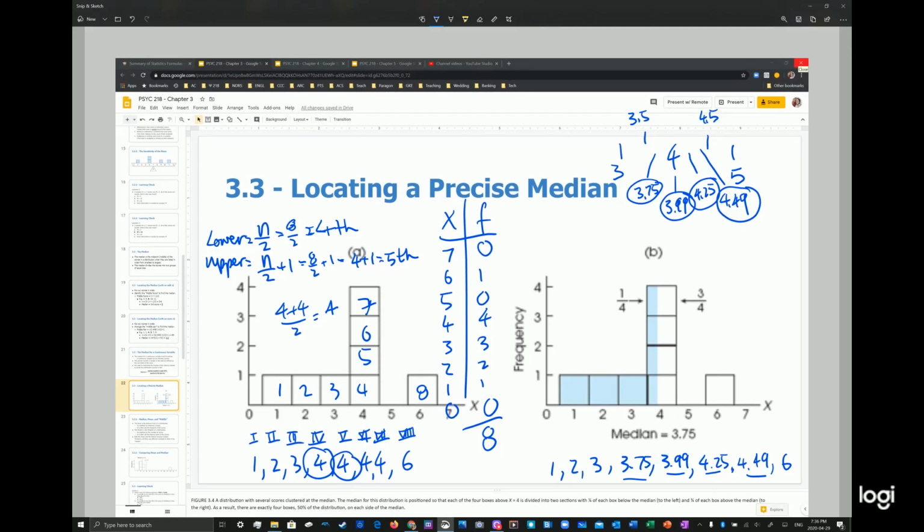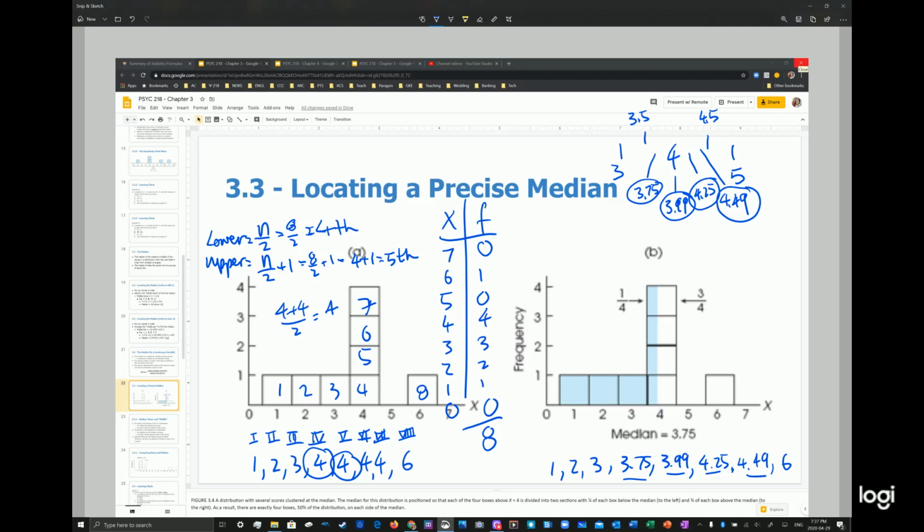And so in order for us to find a precise median, we need to find an actual score on this continuous variable ratio scale that divides the distribution precisely into halves. 4 wouldn't really do it because if we go with 4, then we would be taking a portion from the right side of the distribution, and it would no longer be the median.